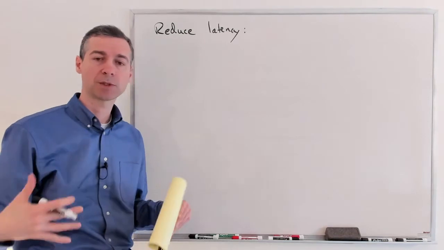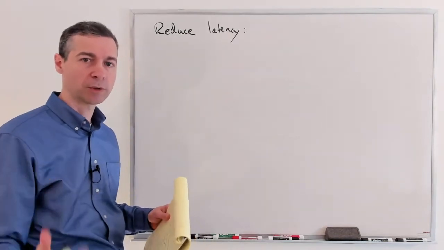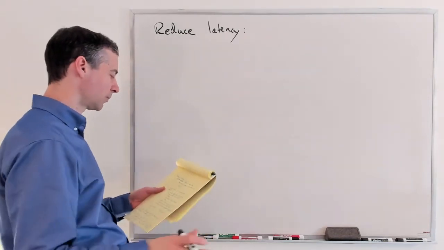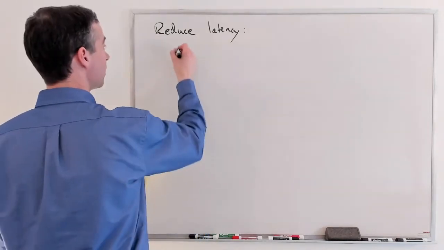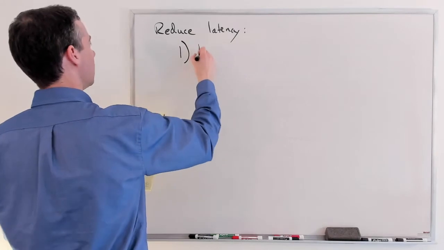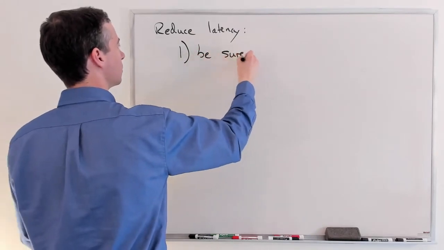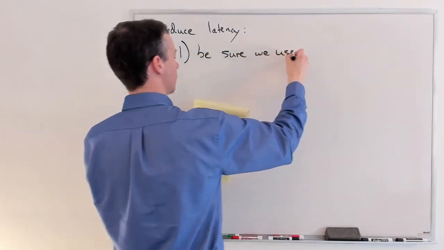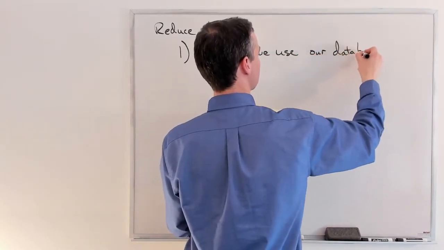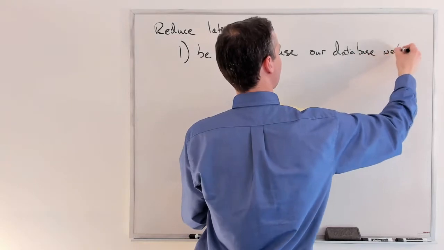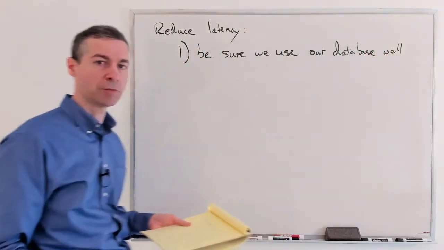Everyone wants our web apps to be fast and respond quickly. So this is good for everything that we're going to work on. The biggest thing that we face really is to be sure we use our database well, in an efficient manner.